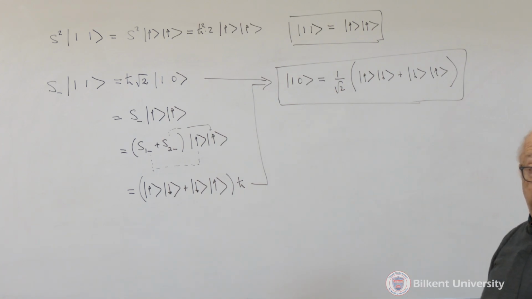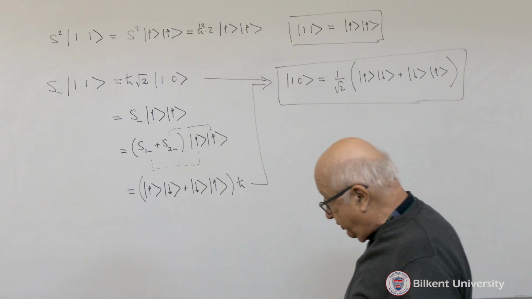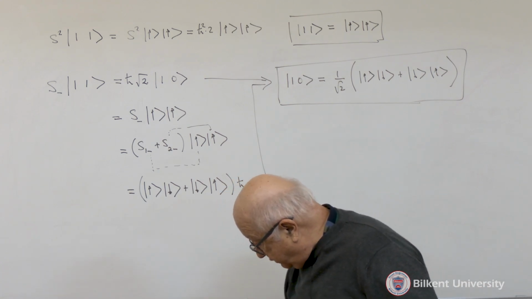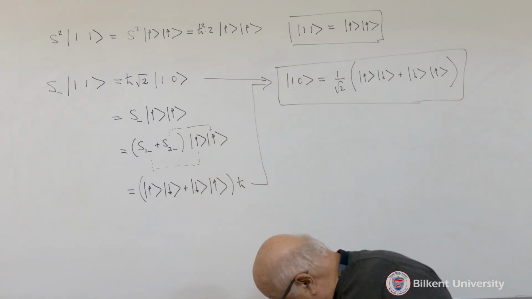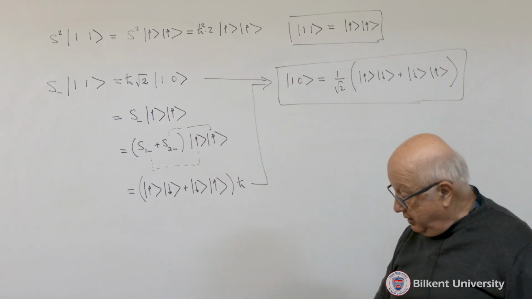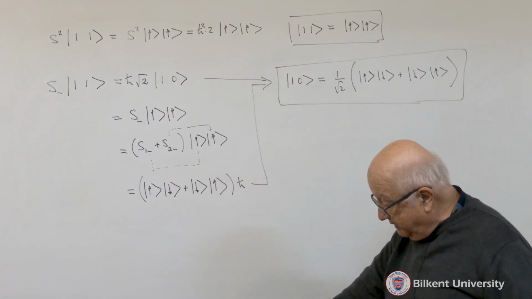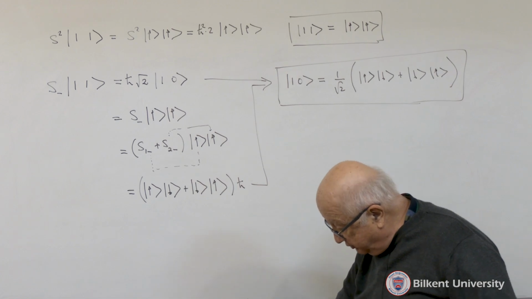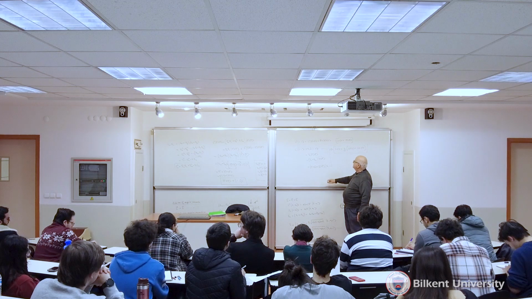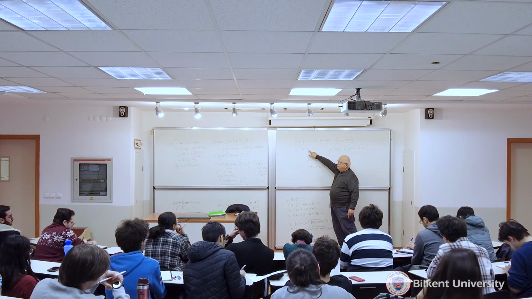How did we operate S minus on 1, 1 and end up with 1, 0? Just look at the expression at the very bottom here. S minus operating on MS is going to give me this factor, which in this case is square root of 2 times H bar.